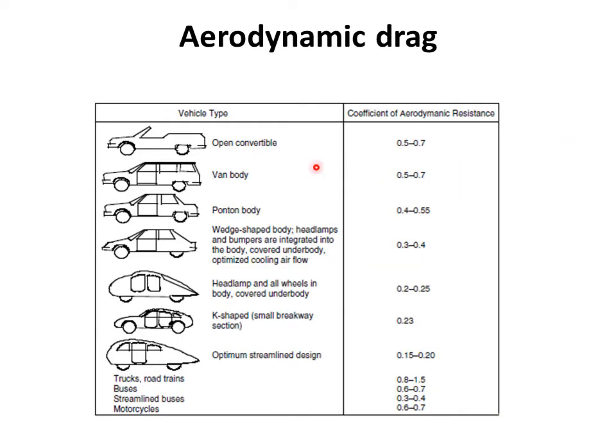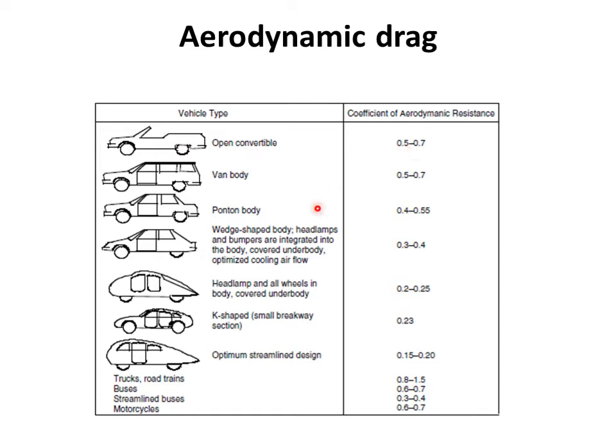And as we said, the value of the coefficient of aerodynamic drag CD depends upon the type or design of the vehicle. For example, if you take an open convertible vehicle, it will have a very high value of aerodynamic drag coefficient, from 0.5 to 0.7.